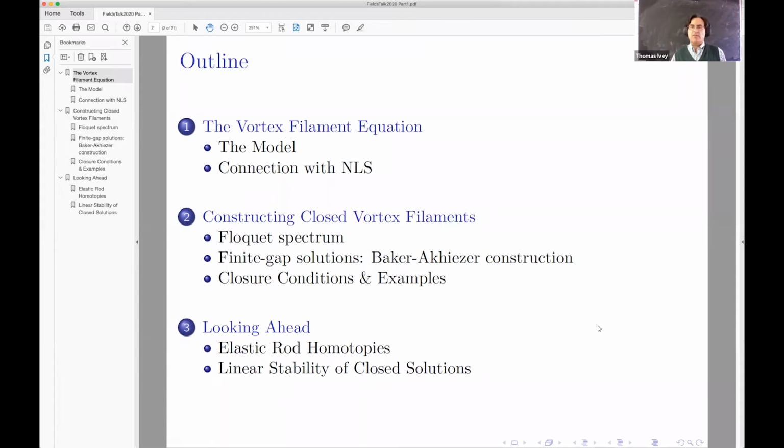There'll be a fair amount of detail about how we do that construction of the closed solutions, and then some of the phenomenology and what we can say about linear stability. That's sort of looking ahead to Annalisa's talk towards the end of this talk. If you all have any questions, please go ahead and chime in anytime.